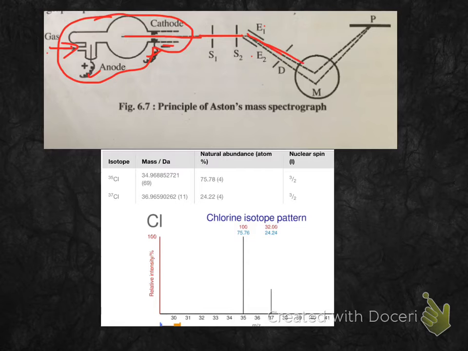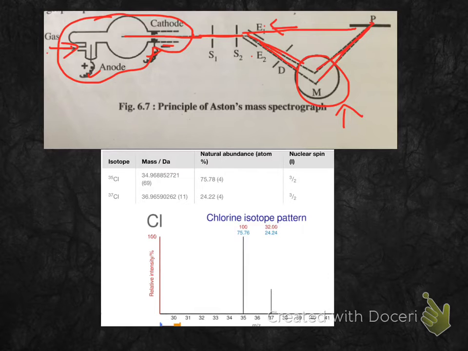Through a diaphragm D, they pass and come to the magnetic field. This magnetic field is applied in a direction perpendicular to the electric field. If this is the direction of electric field, it needs to be applied in this direction. On applying magnetic field, they again start to converge to a single point in this photographic plate, which is actually the same plane of this line.